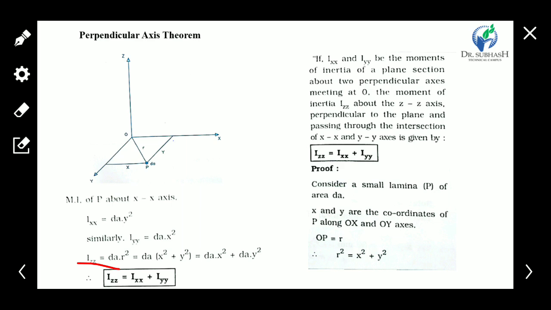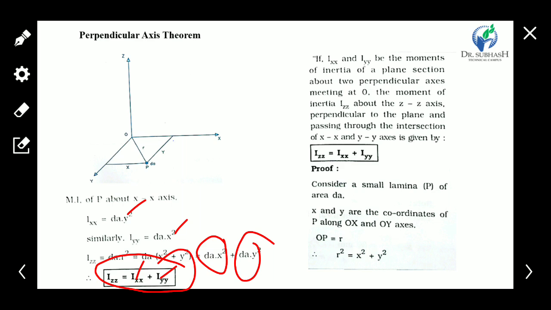Now if we put the value of r square as x square plus y square and open the bracket, we get dA into x square and dA into y square, which are the moments of inertia about the y axis and x axis, so Izz equals Ixx plus Iyy. Hence the perpendicular axis theorem is proved.